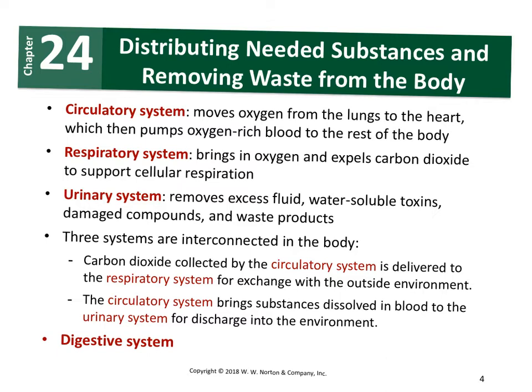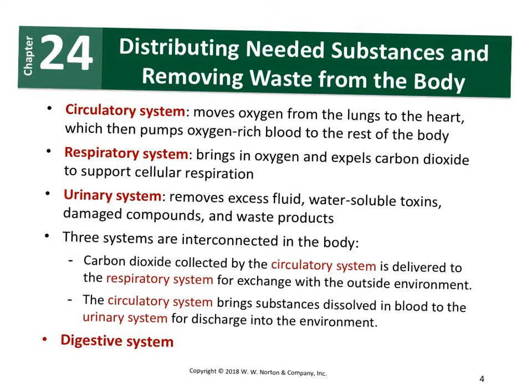The urinary system removes excess fluid, water-soluble toxins, damaged compounds, and waste products. And then there's the digestive system, in which we get our nutrients, and those are then brought into the bloodstream and then distributed to the cells.